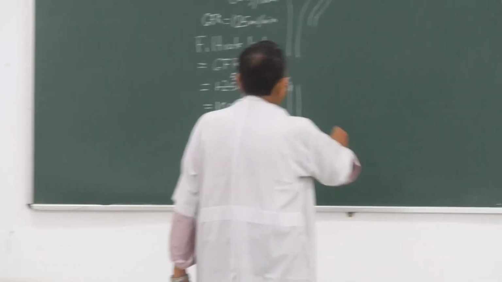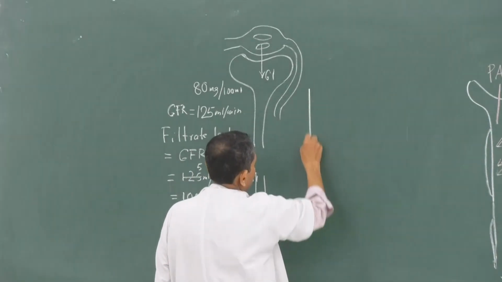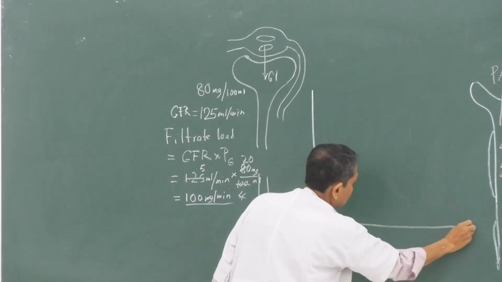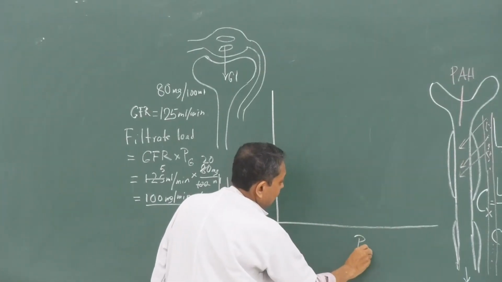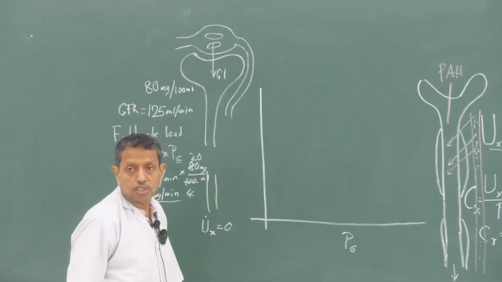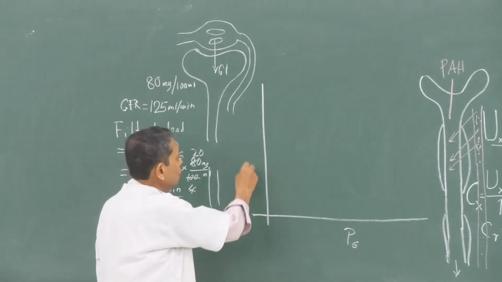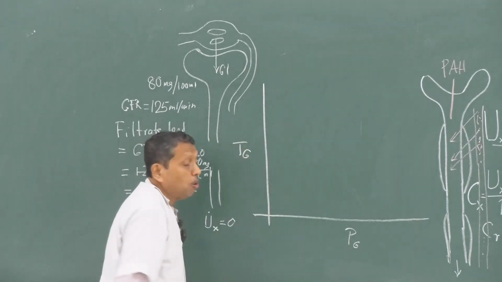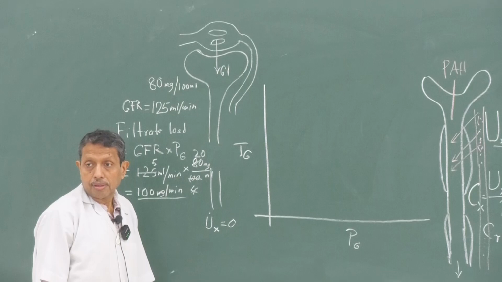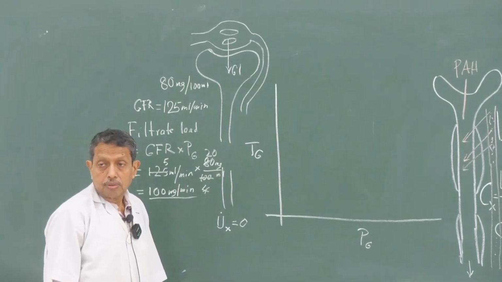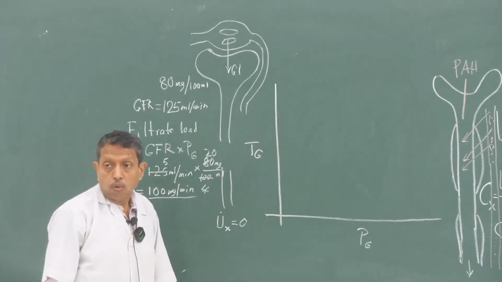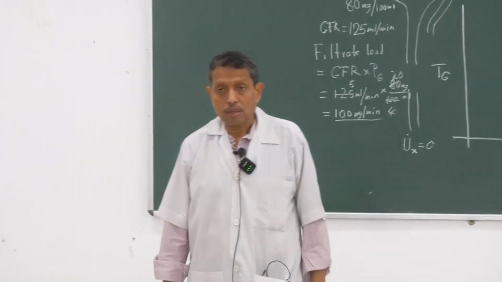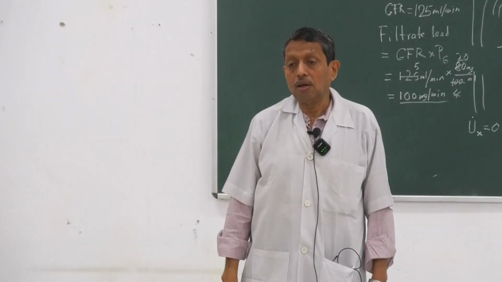If you draw this titration curve, given in the textbook, of arterial plasma glucose concentration, in this curve you can take whatever amount that is filtered load.